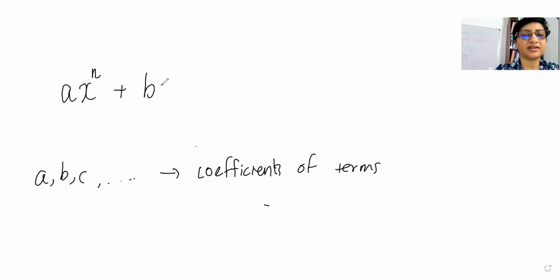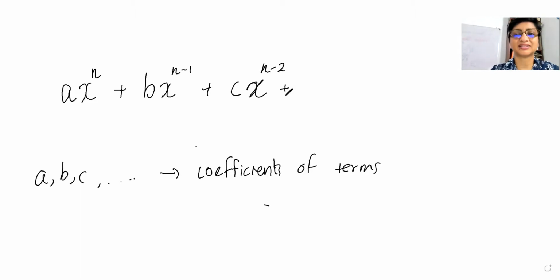So ax to the power of n plus bx to the power of n minus 1 plus cx to the power of n minus 2 plus, you can see what's going on here, n minus 3 plus and so on, plus finally it'll drop to, let me say C, D, E, maybe I have gone up to P and it has no x. This is the format of a polynomial, the form of a polynomial.